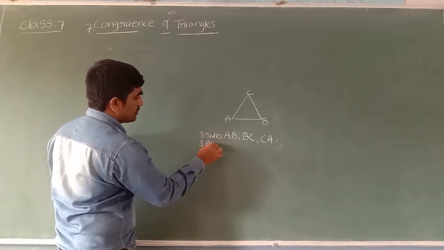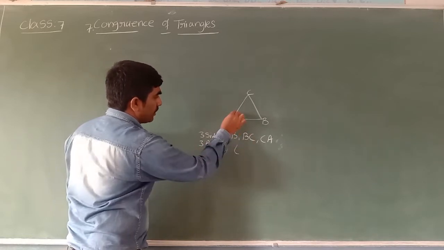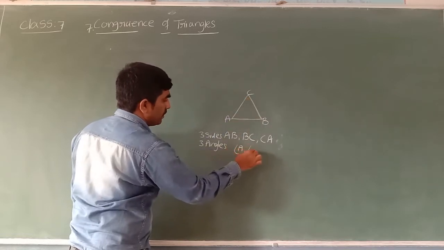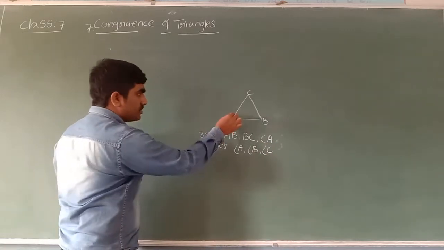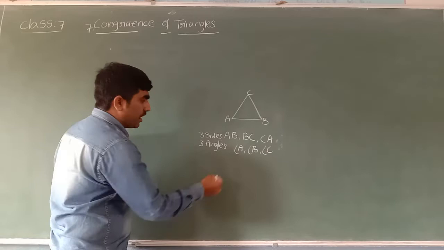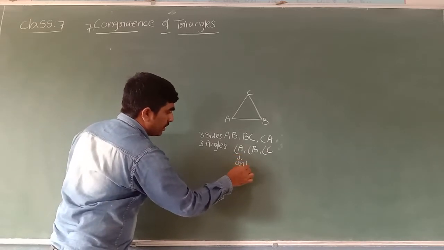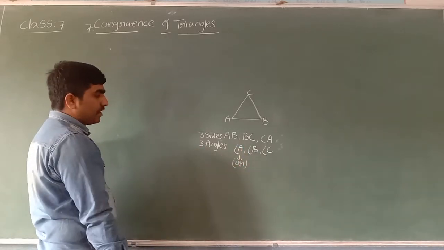And also it has three angles. Those three angles are angle A, angle B, and angle C. These angles we can express with the help of a single letter, or we can express them using three alphabets also. How can I write angle A? We can write it with a single alphabet, or with three alphabets.